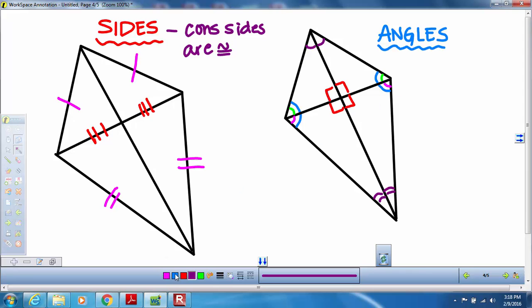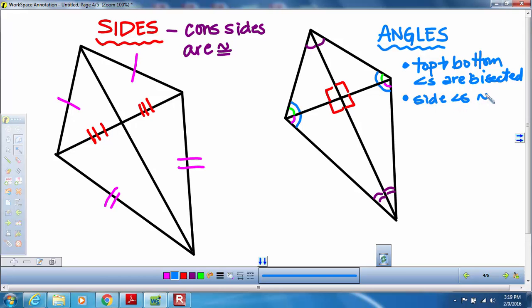And then for angles, we would know that top and bottom angles are congruent, or well, they're bisected. So this piece would equal this piece would equal this piece. We know the side angles are congruent, so this whole angle is equal to this whole angle.